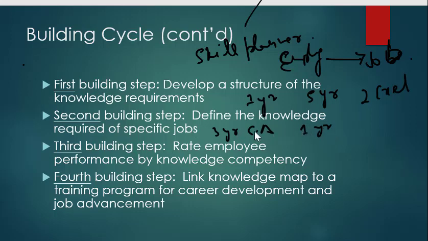So we are talking about cost accounting in retailing, 3 years in that, and a minimum of 1 year of supervisory experience. That is called defining the knowledge required for a specific job.